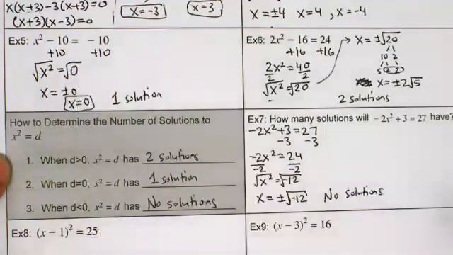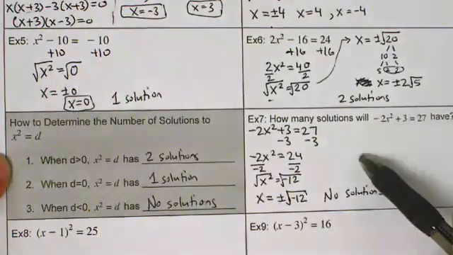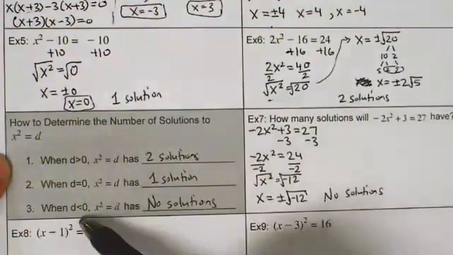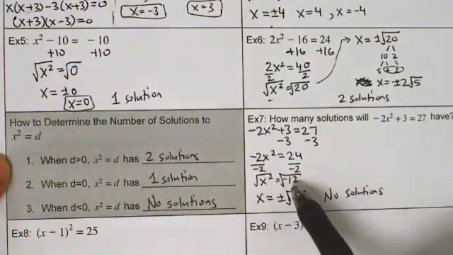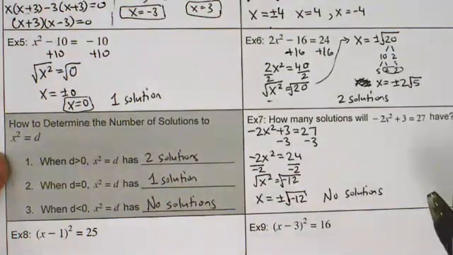Plus or minus 0 is 0, so we had one solution. And in this one right here, where our d value was less than 0 and we had x squared equals negative 12, we will have no solutions because you cannot take the square root of a negative number. So now you have an opportunity to practice a few of these problems, identifying their solutions in the guided notes.